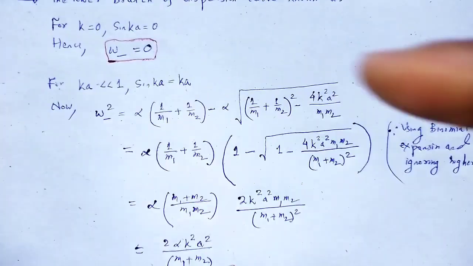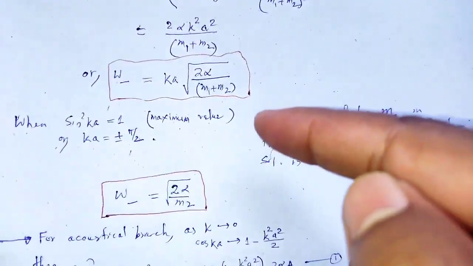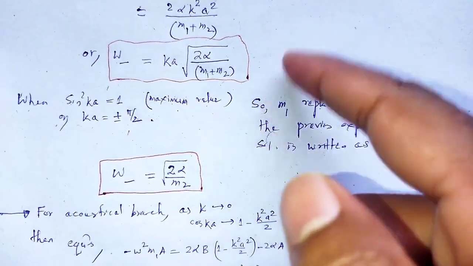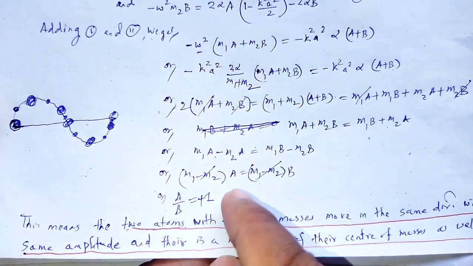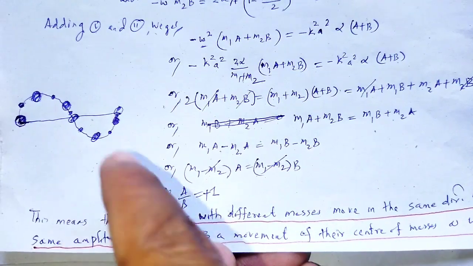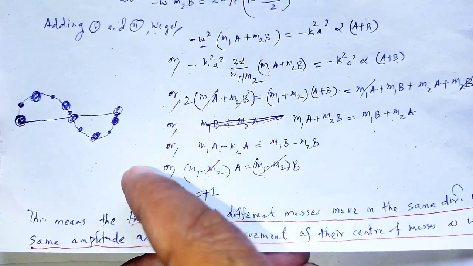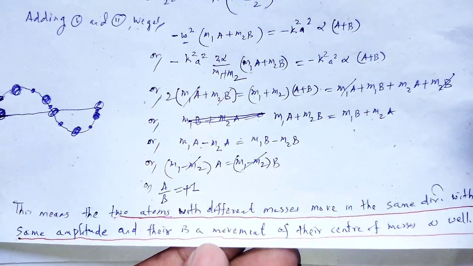Next for the acoustical branch, with the frequency range 0 to under root 2α by m2, and again a by b is equal to positive, that indicates the amplitudes and the direction of propagation of atoms in the acoustical branch.